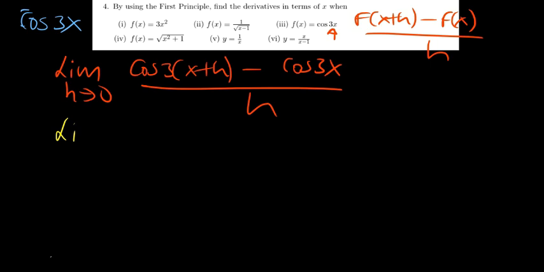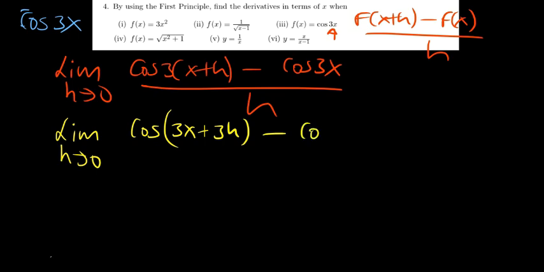The limit as h approaches 0, we can distribute the 3. You understand that we're going to have cosine 3x and then plus 3h. You can still put that in brackets and then over h. So we can't substitute the value of h because we've got h as a denominator there, and you know the effect of that, it will make everything undefined. So let's try to expand using our trigonometry.